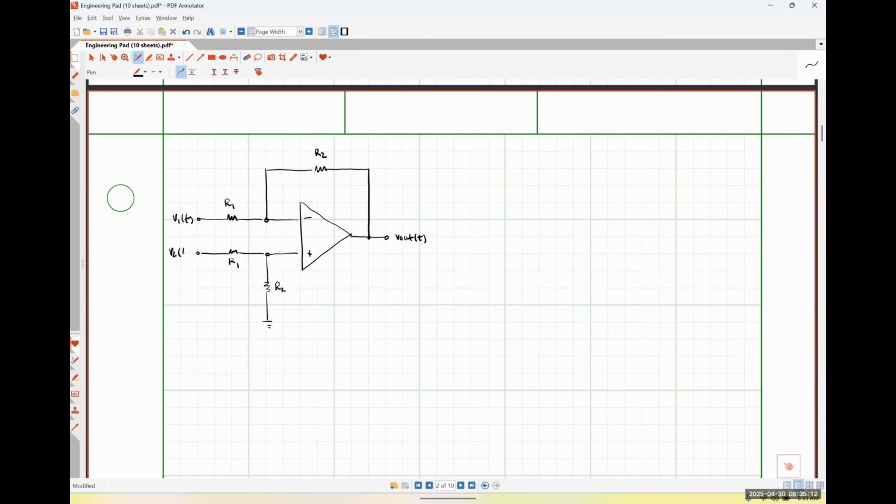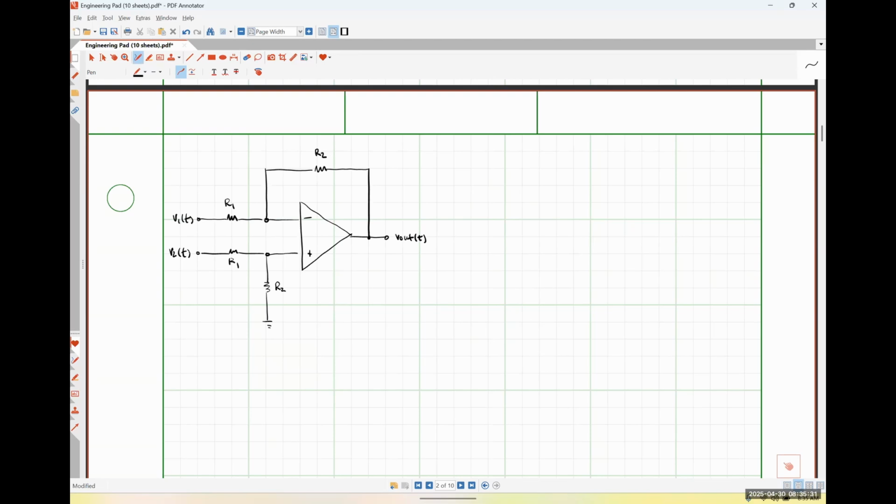And I'm going to apply some second input signal, V2, on that leg of the bottom resistor R1, okay? So I have 2 different input signals. One is applied on the non-inverting side, and the other is applied on the inverting side, okay?